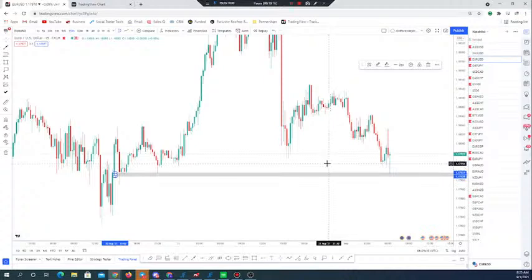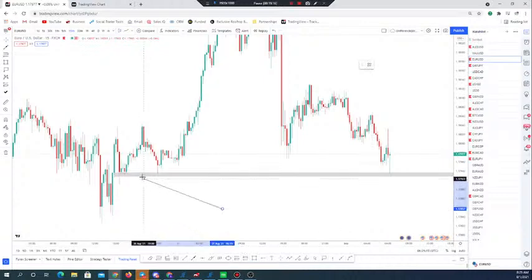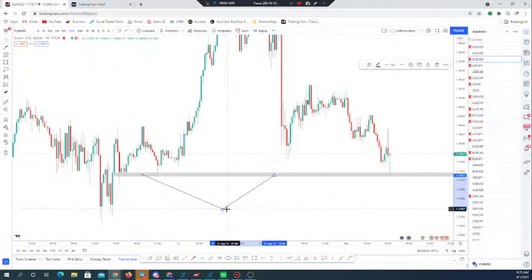Okay, so this is what we're looking at here on the lower time frame. I would want to sell, but I'm a bit worried about this level here. So this level is a bit concerning. It is sensitive, of course, very, very sensitive.